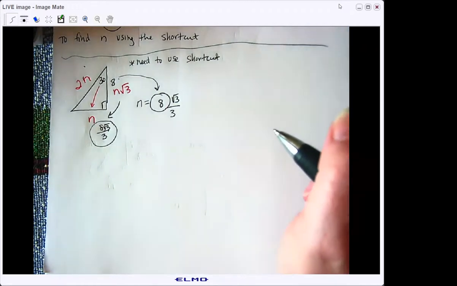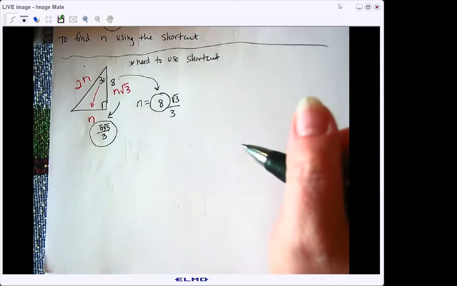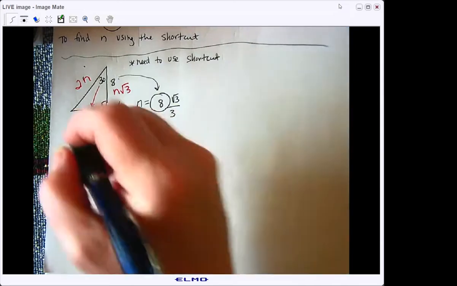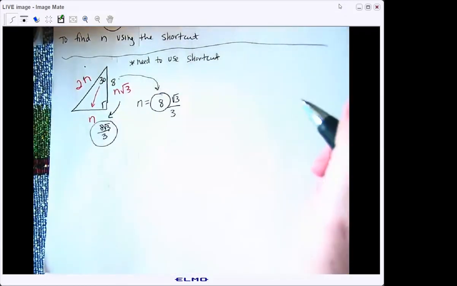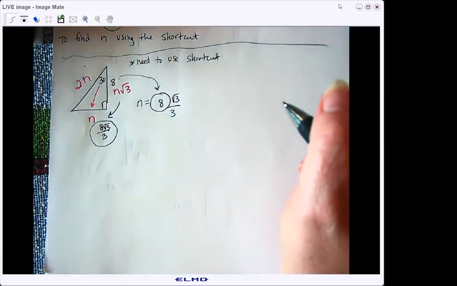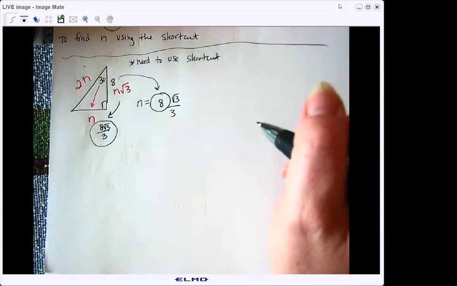Now, here's the tricky part, and most people, once they hear it, they're good. Which one of those numbers am I going to multiply by 2 to get the hypotenuse? The numerator, yep, the top.